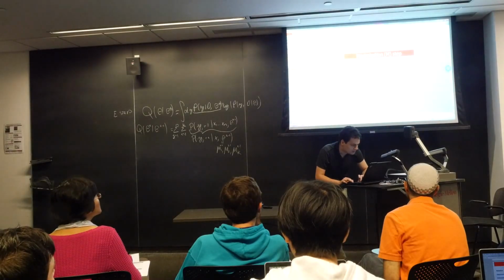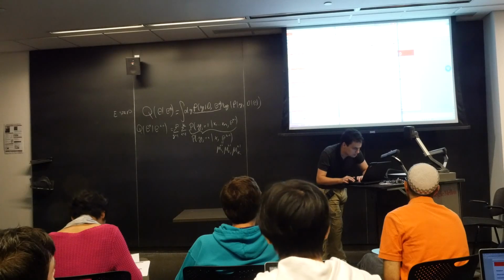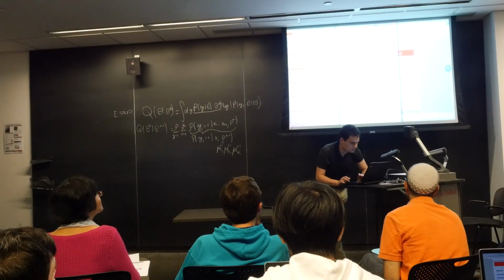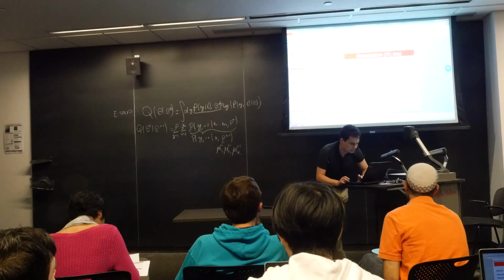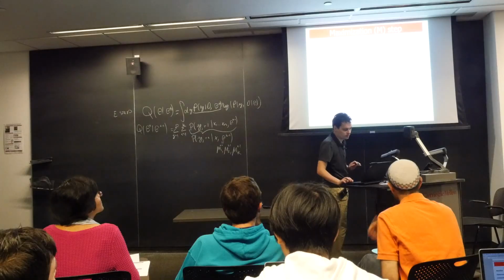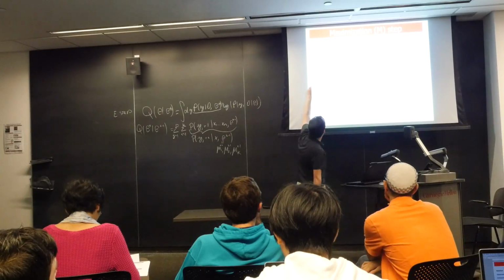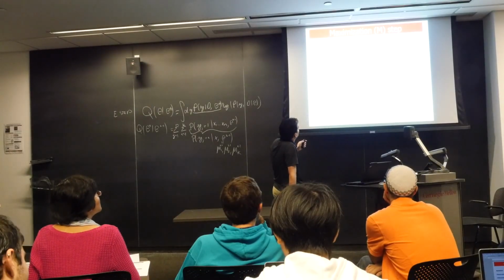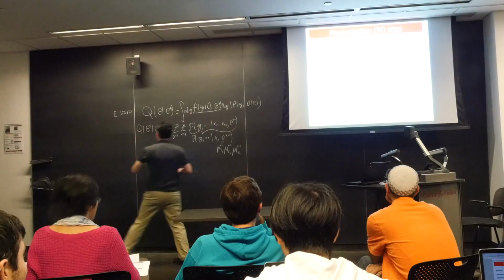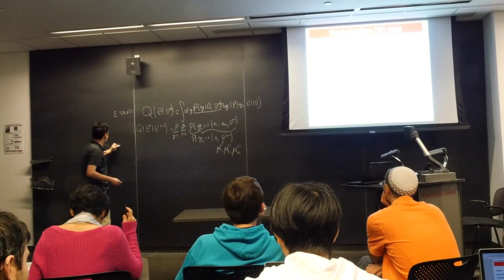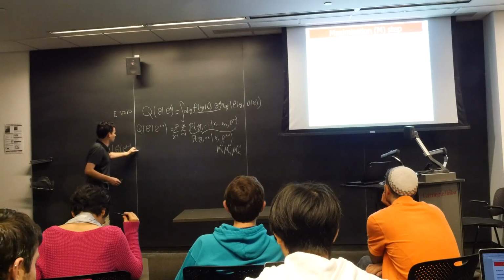No, maybe I just delete this sum. Right, I just wrote two steps in one step. That's the confusion. So here is this Q function, and let me write it here. So Q theta t given theta t minus 1.